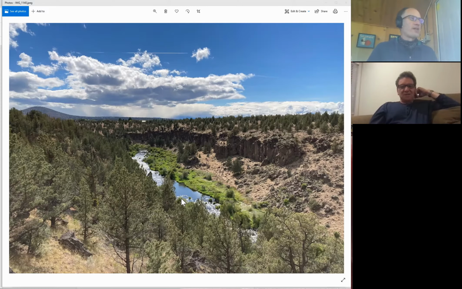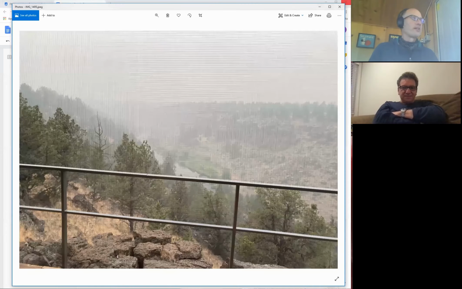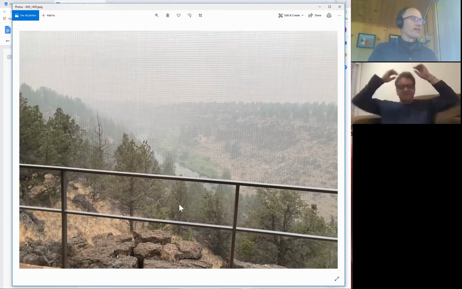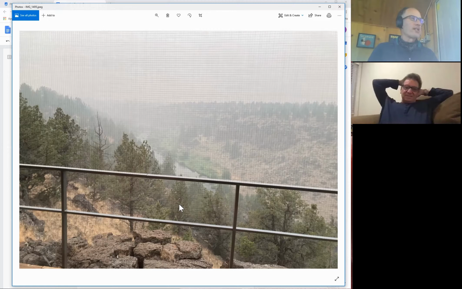So the picture I've got up, if you're not in Oregon, you've certainly read about fires here, and the picture that's up right now is a view from my favorite spot on a normal day. I think this was back in July sometime, with normal air quality. And then here's a picture from the same spot with the air quality index at about, I think, 320.